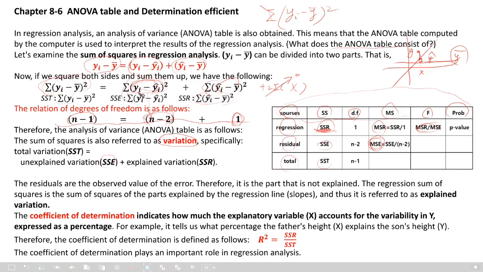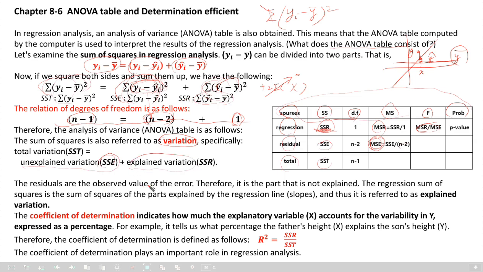So the residual sum of squares: what is a residual? The residual is the realized value of error. Can you explain error? We cannot explain error, so this part is unexplained variation. And the regression sum of squares is explained variation.